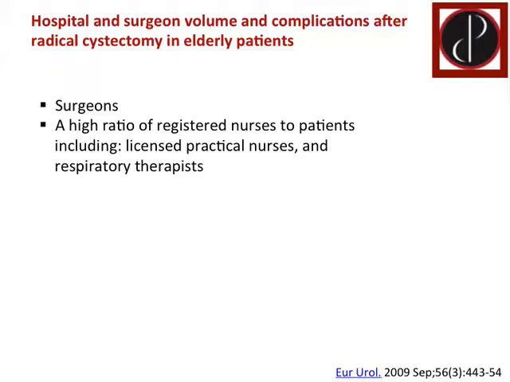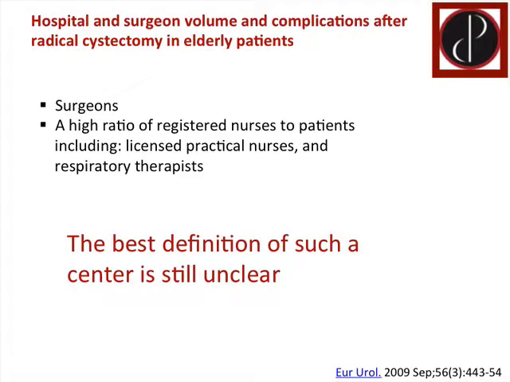So what can we do to deal with these things? One thing is hospital and surgeon volume. It's not just because of the surgeon, it could be because of licensed practitioner nurses or respiratory therapists or other things that you have in the hospital. But the best definition for such a center is still unclear.